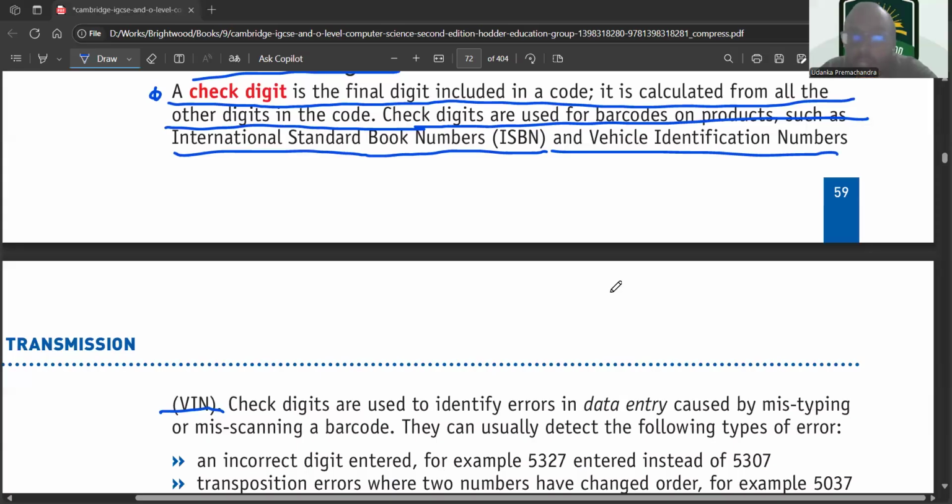It is calculated from all other digits in the code. Check digits are used for barcodes on products. It can be ISBN, VIN, something like that.